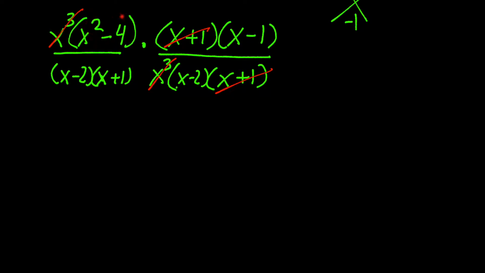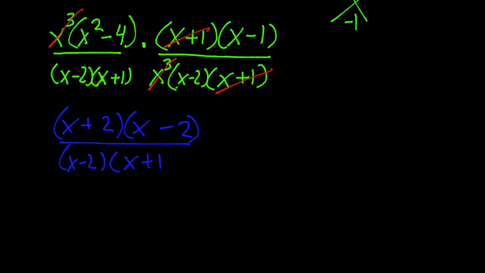If I factor this out, take the square root of x squared, which is x, take the square root of 4, which is 2, and then I have plus or minus, and now I'll bring back everything else. X minus 2 times x plus 1 from the left side times x minus 1 over x minus 2 from the left side. And I just got my sides mixed up, sorry. These were from the left side, this was from the right side.